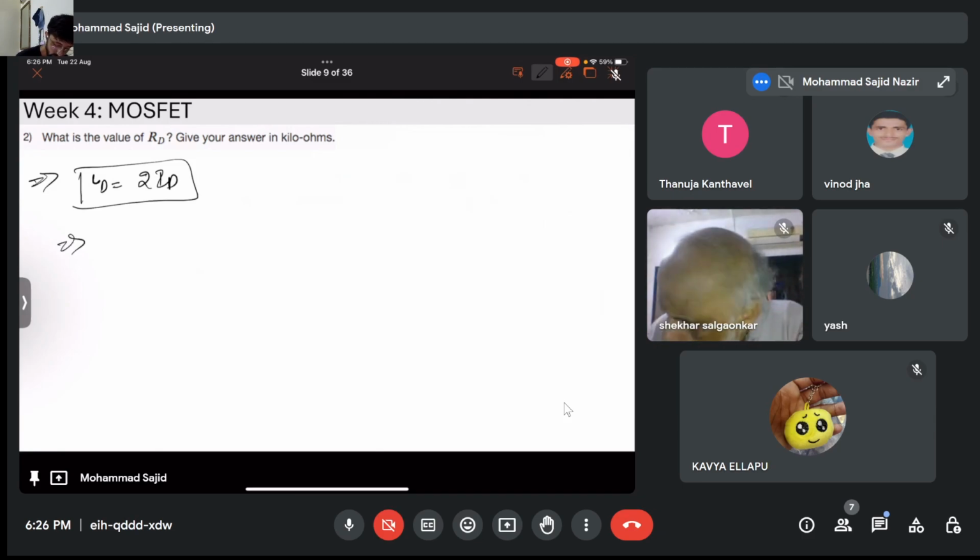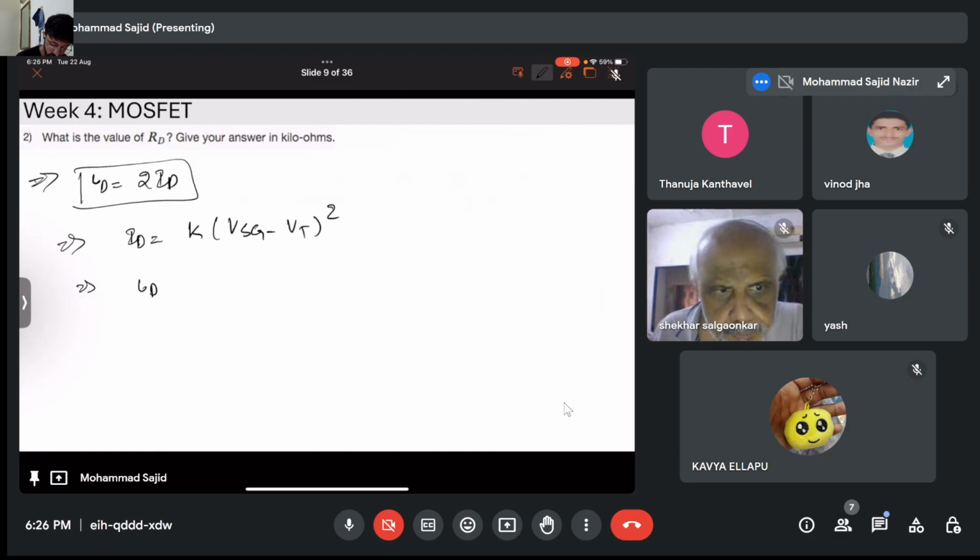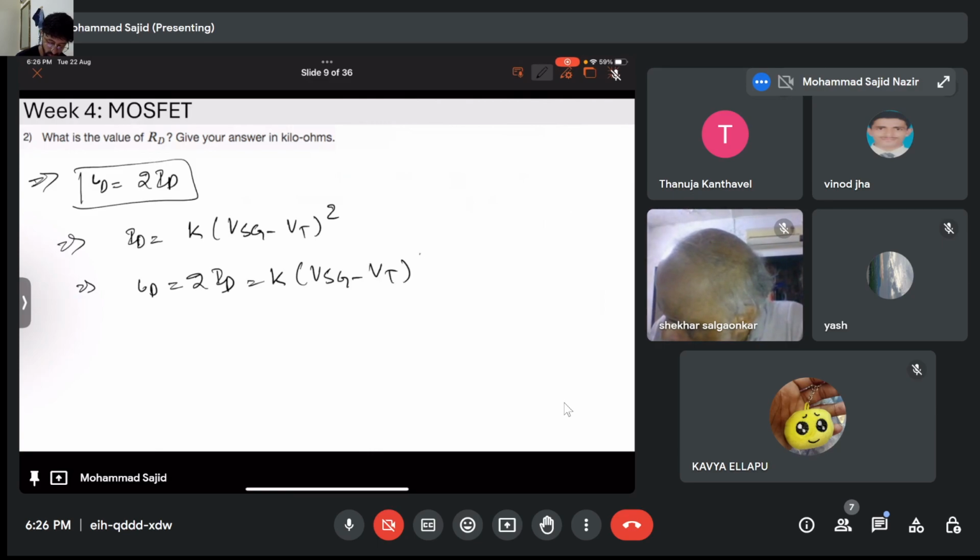So if I use this formulation, we have K times (VSG minus VT) whole square. Now we have to use ID, that is 2 times ID should be equal to K times (VSG minus VT) whole square.